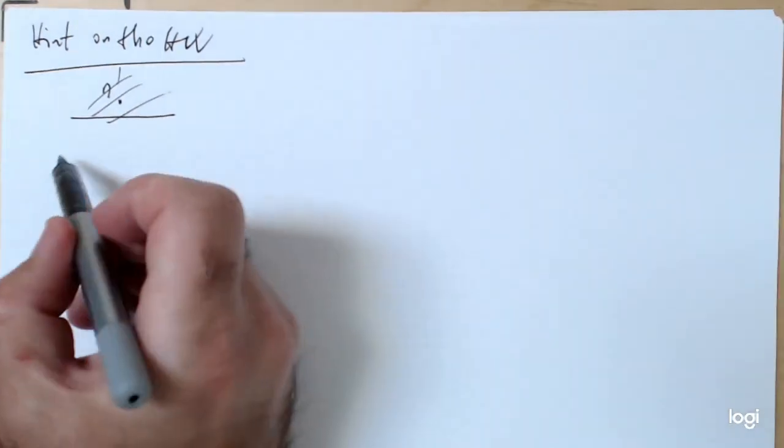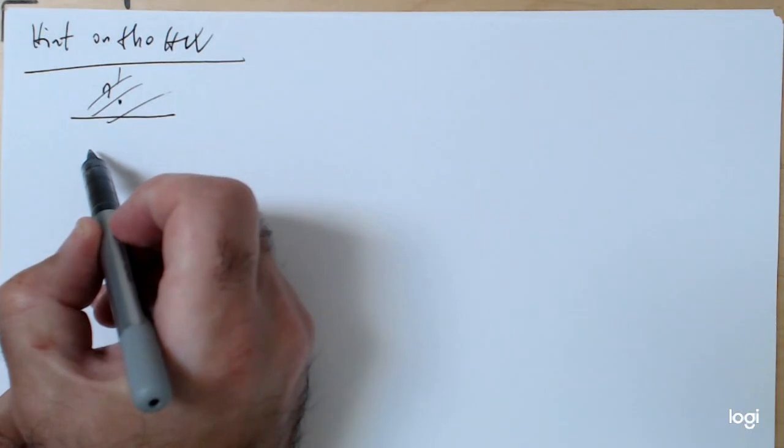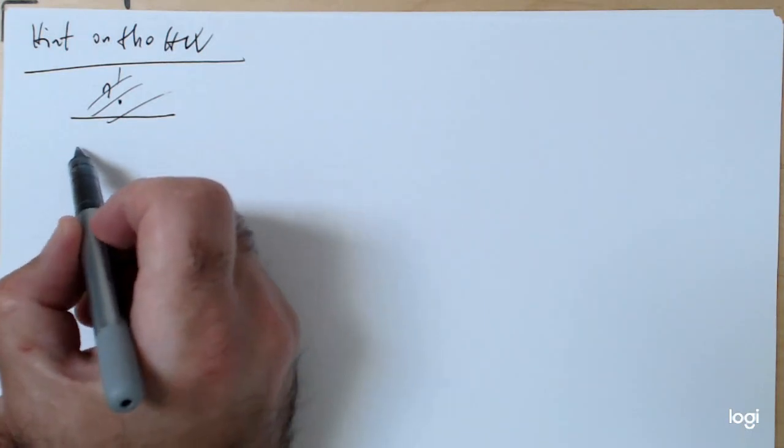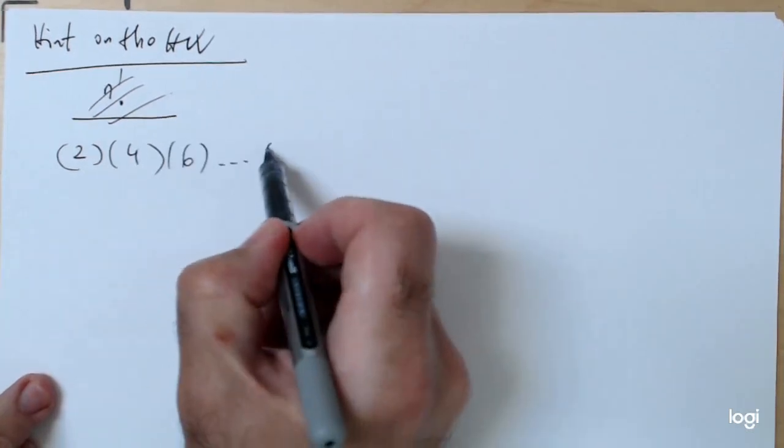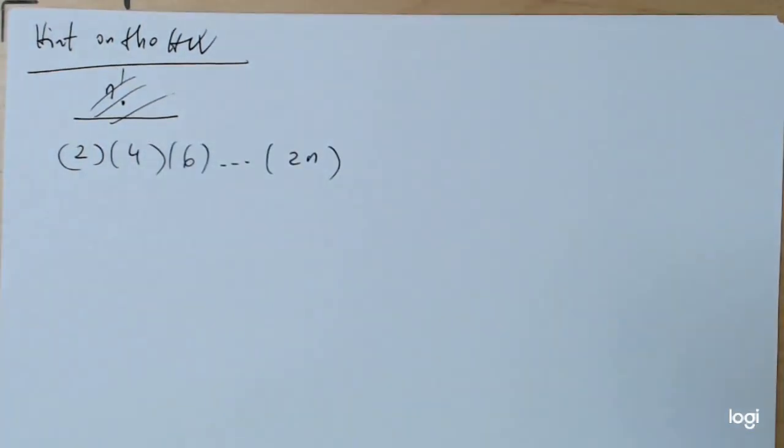Let's say you have basically a factorial that involves just even numbers. So let's say you have 2, 4, 6, up to 2n. Okay, so basically a product of just even numbers.